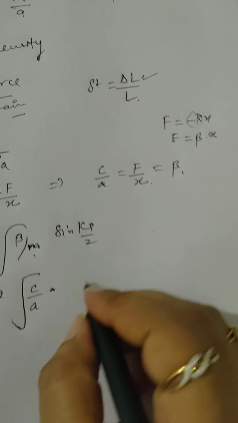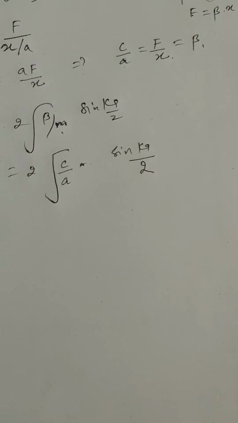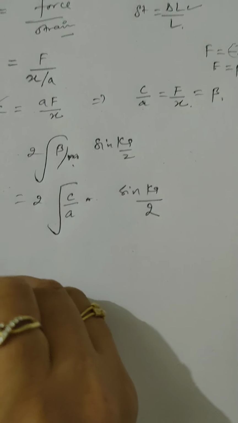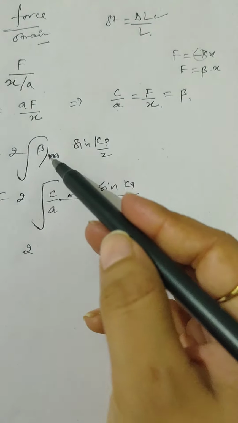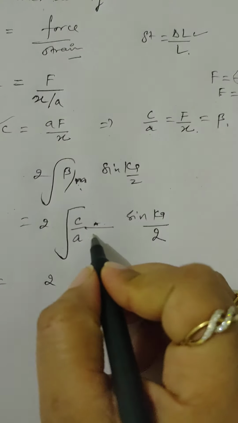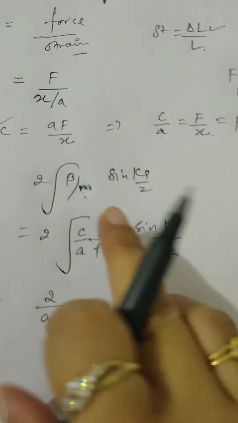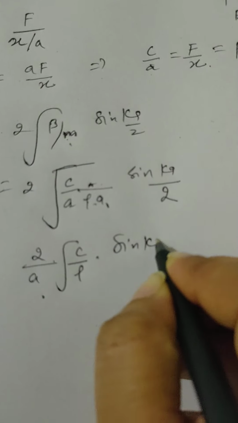So beta divided by m, it is rho a, so m is equal to rho a, and this a square will come out of the root sign, and it will be equal to a, under the root C by rho, into sin ka by 2.